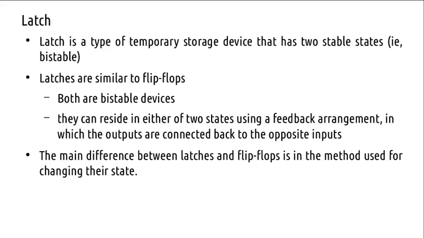That's basically a flip-flop. Then the monostable multivibrator, which has only one stable state. And the astable multivibrator does not have a stable state. It keeps switching between two states. So that is three types of multivibrator.